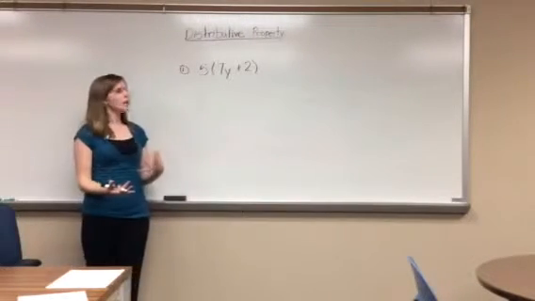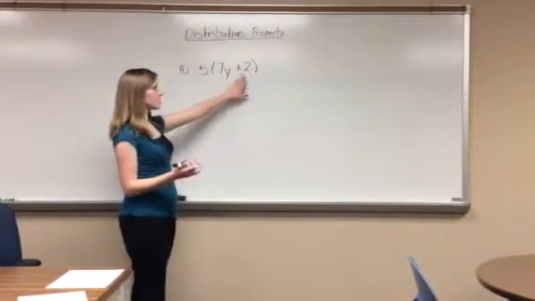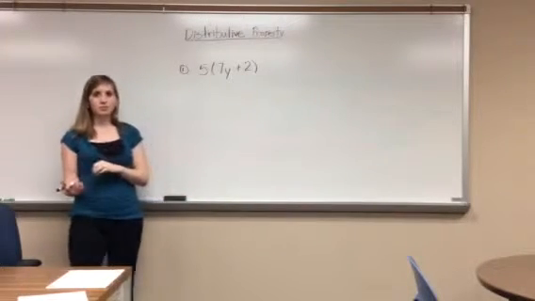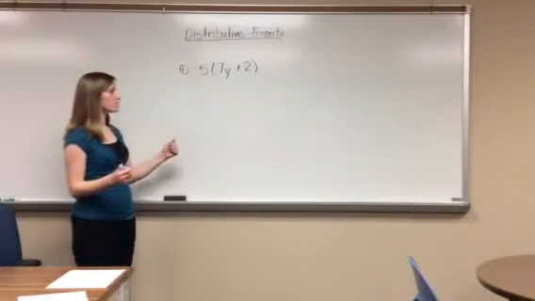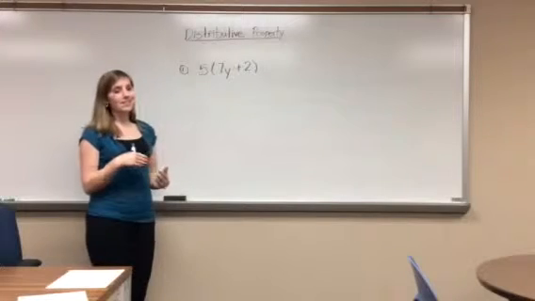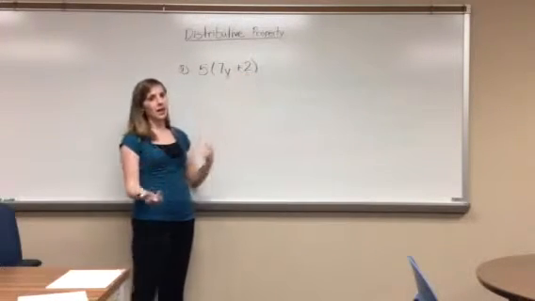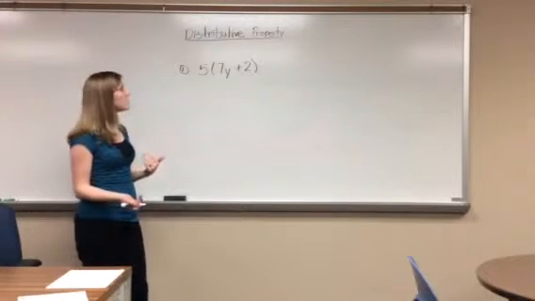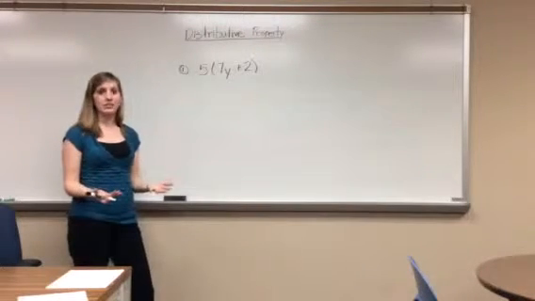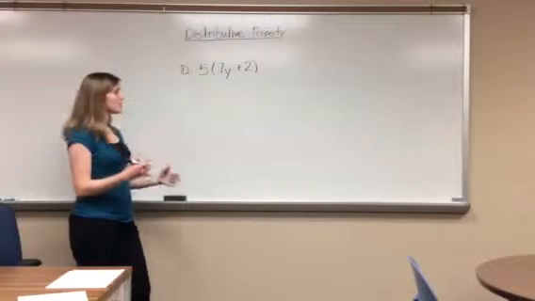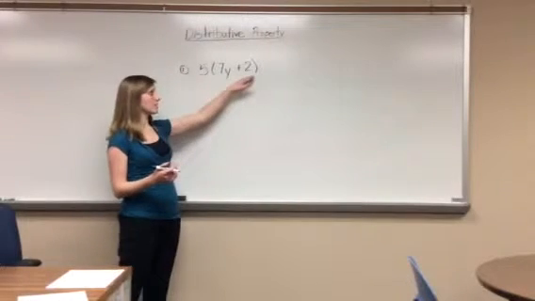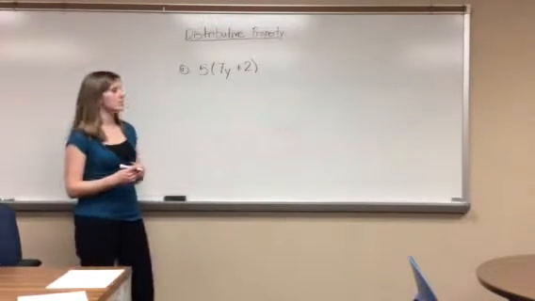The problem with that is the terms inside the parentheses are not like terms, which we talked about a couple videos ago. Like terms have to have the exact same letter. 7y and 2 do not have the same letter, the same variable. So we cannot add those together, which means I cannot simplify inside my parentheses. That's where the problem comes in.